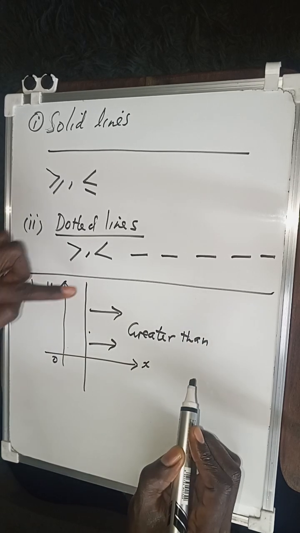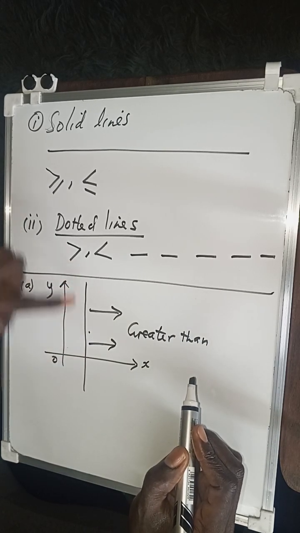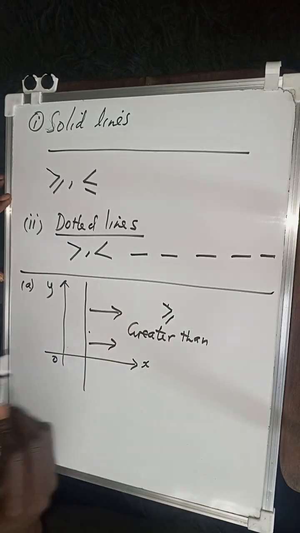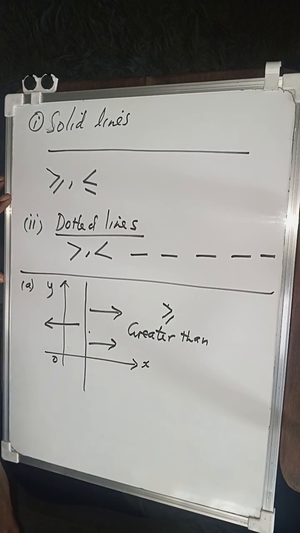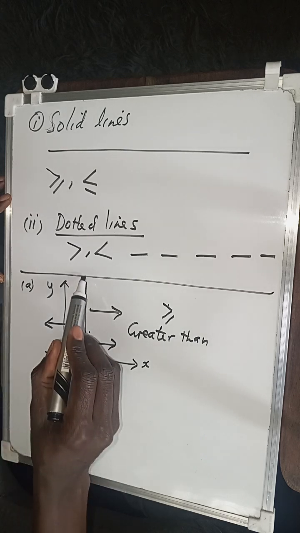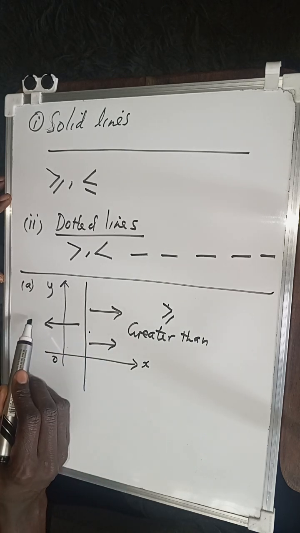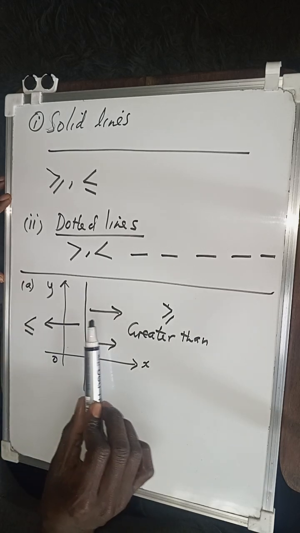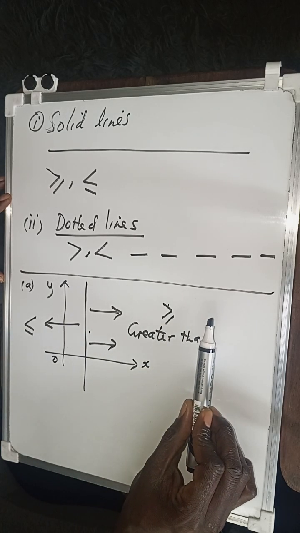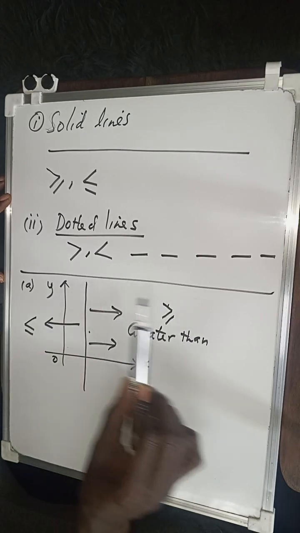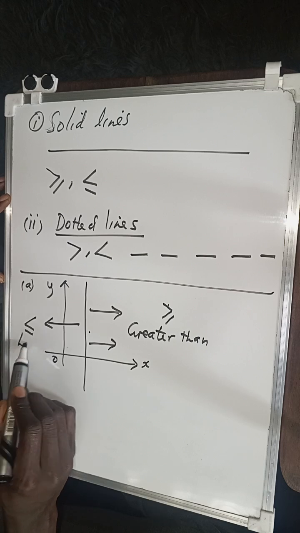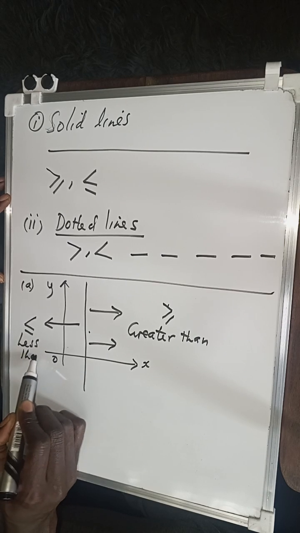Now remember, it depends on the line. If the line is a solid line, then it will be greater than or equal to. Going this side is considered to be less than. If this is a solid line, then it is going to be less than or equal to. Of course, you can notice the numbers going this side are increasing on the number line, and that's why we are saying this side is greater than, and going this side is less than. So you need to remember that.